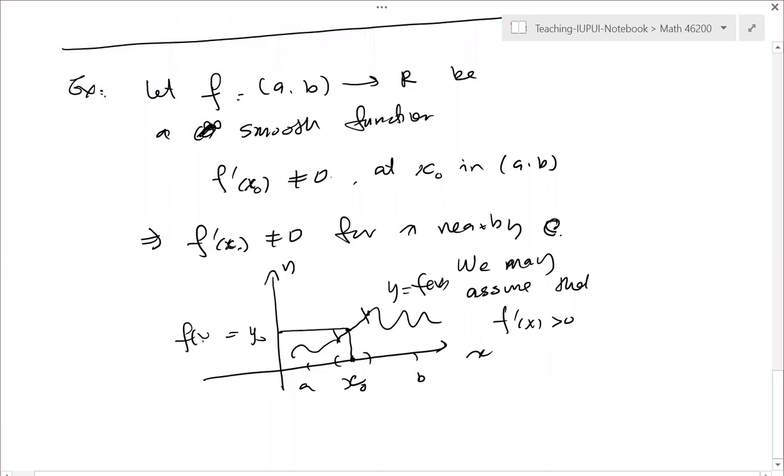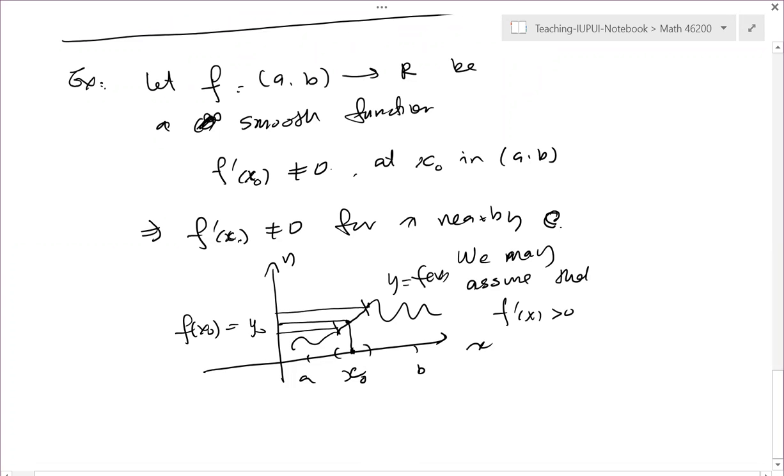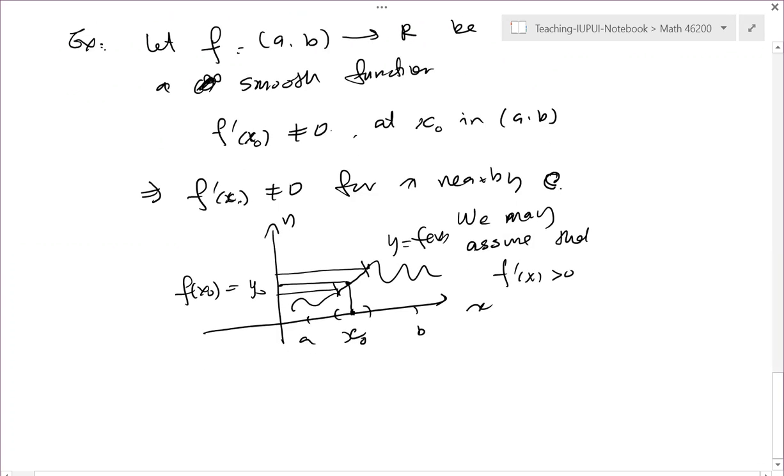So I can find a small enough open neighborhood of x naught so that the function is increasing on this neighborhood, right? You can choose a sufficiently small interval containing x naught.